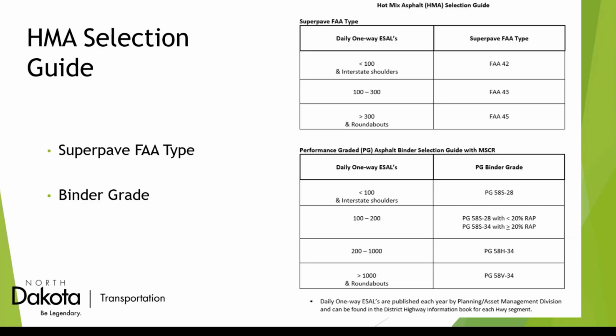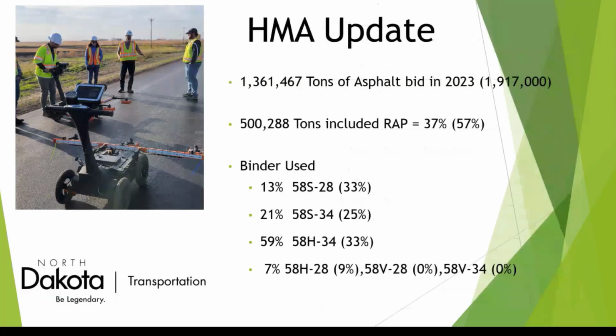And then you'll see down below here the binder spec when you have RAP. Generally what that's accommodating is I need a much softer binder the greater the increase in RAP. So one thing I neglected to mention on the previous one is RAP.